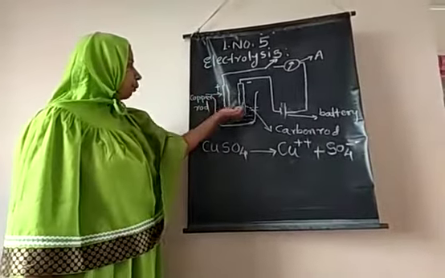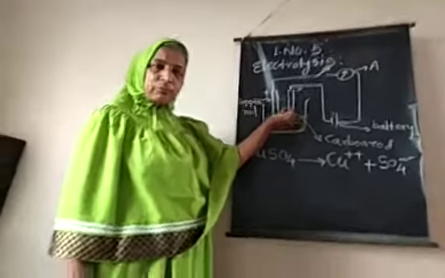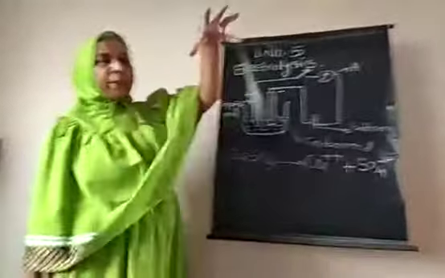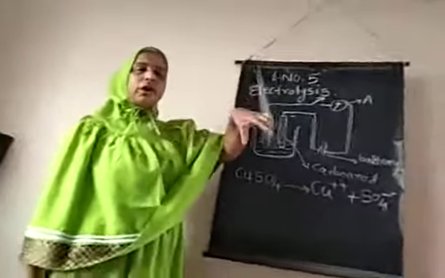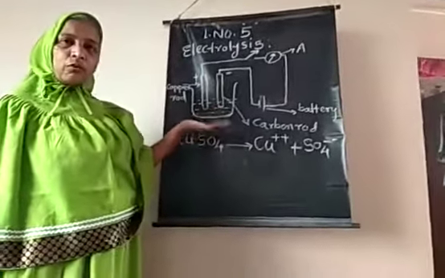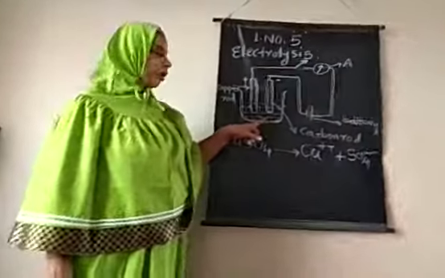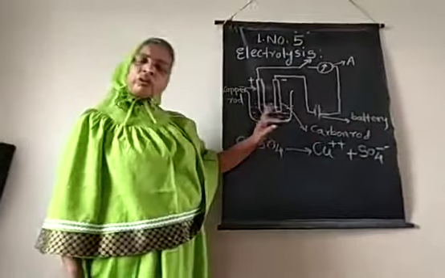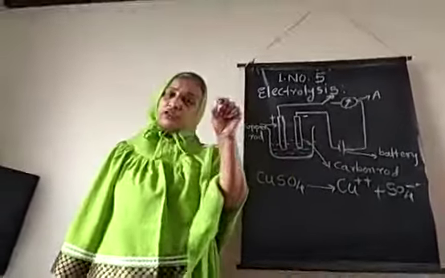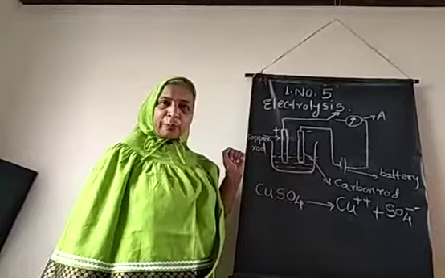Here we are using two rods, a copper rod and a carbon rod. We immerse two inverted gas jars in the water, and then electric current is passed. Along with the water, we add a pinch of salt so that dissociation takes place.